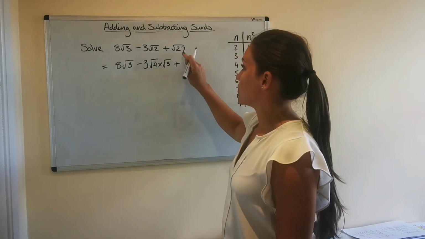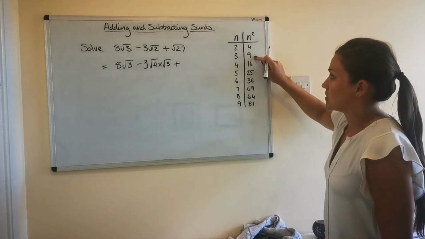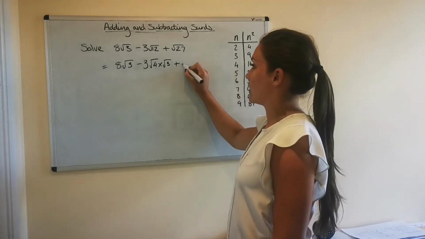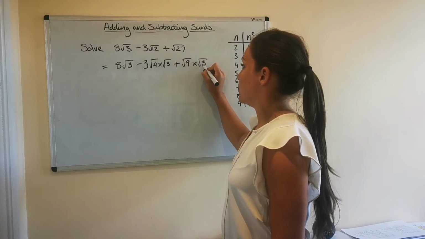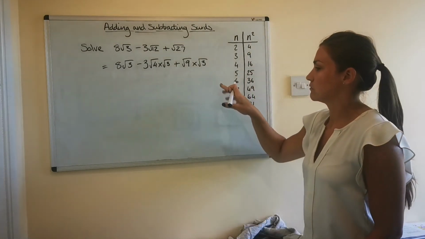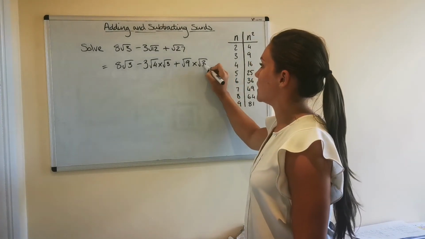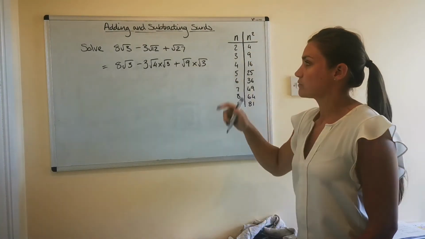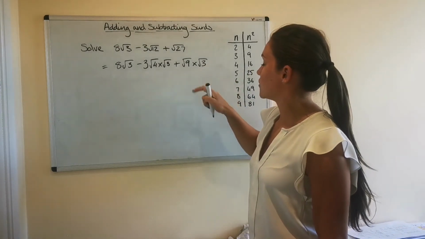Then if we move on to the next surd, the 27, the square number you can divide that by is 9. So that gets split up into root 9 times root 3, because 9 times 3 gives you 27. Sorry, a bit of a brain issue there.